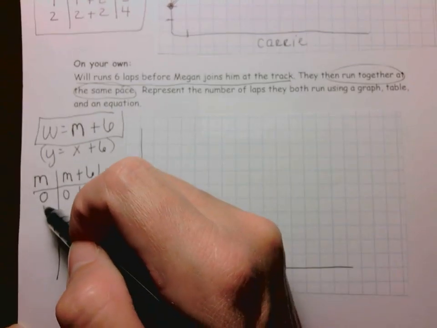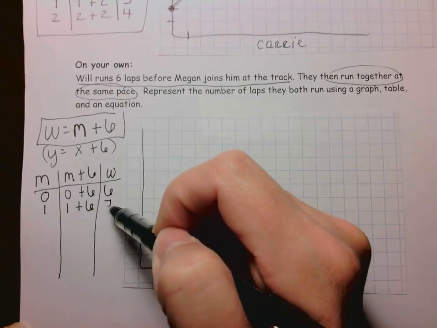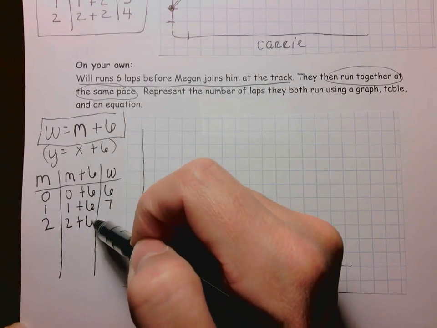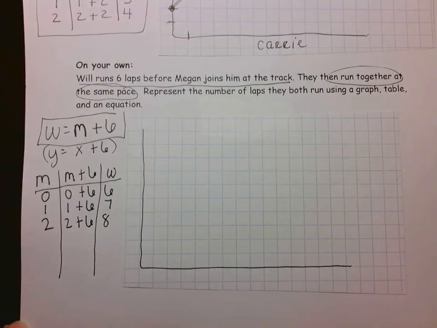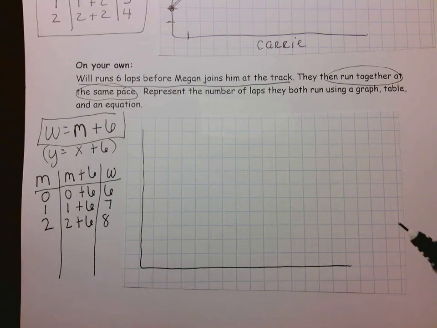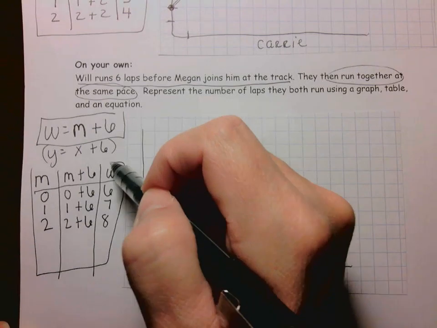When Megan has run 1 lap, Will has run 7. When Megan ran 2 laps, Will has run 8. So again, you can see the pattern starting here. Every time Megan runs 1 lap, the amount of laps Will has run has gone up by 1 as well. So there's your table.